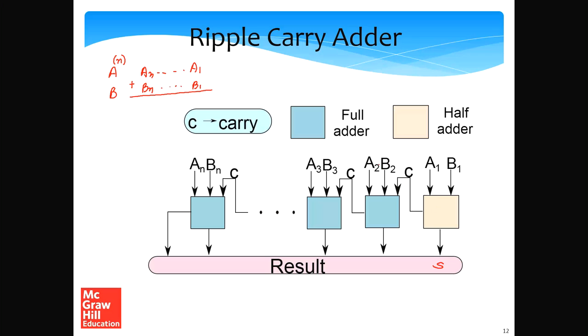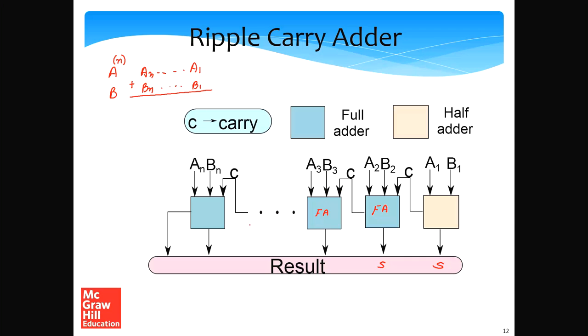Subsequently, we need to add a2, b2 and the carry that was generated. So we need a full adder. Again, we save the sum bit over here and we move the carry to the next position. Here also we use a full adder and we add a3, b3 and the carry.